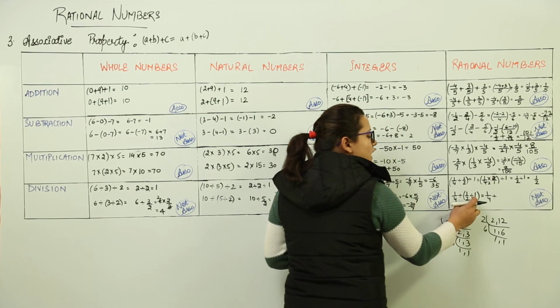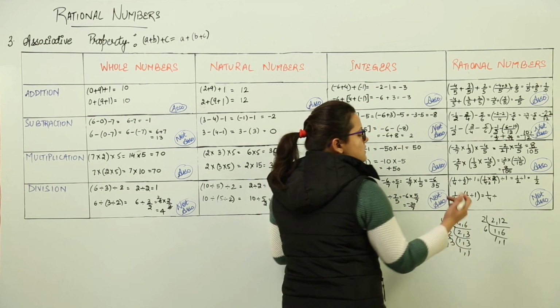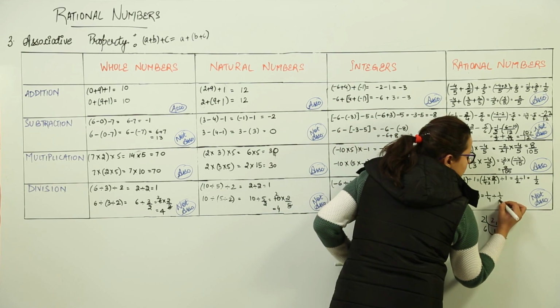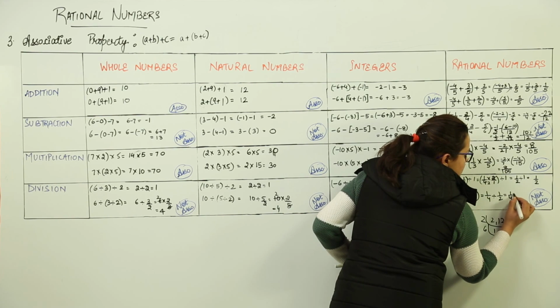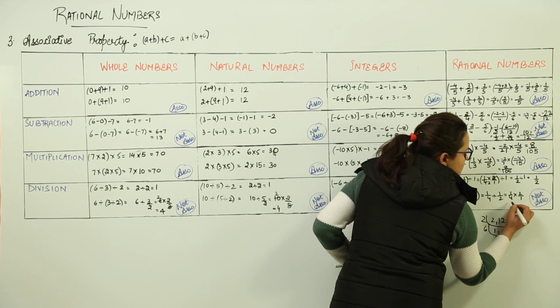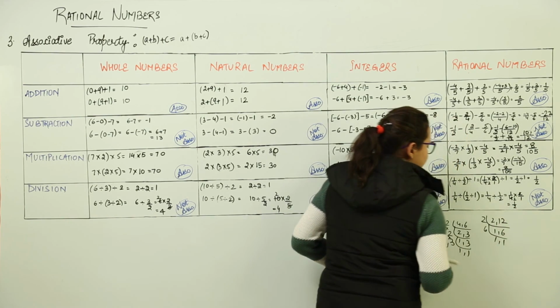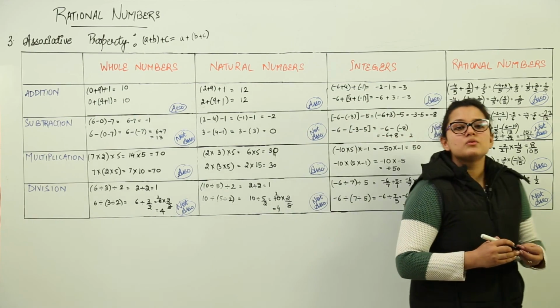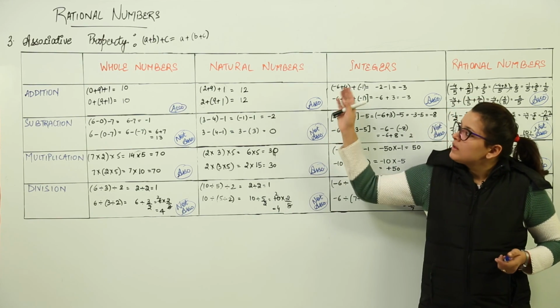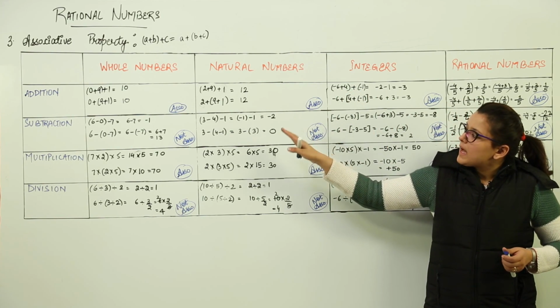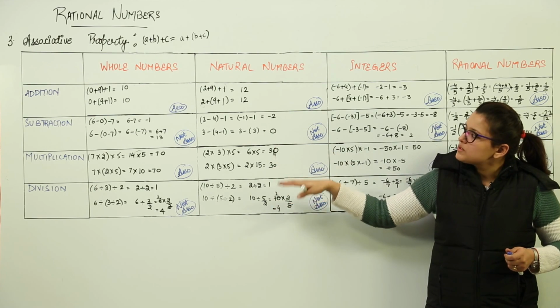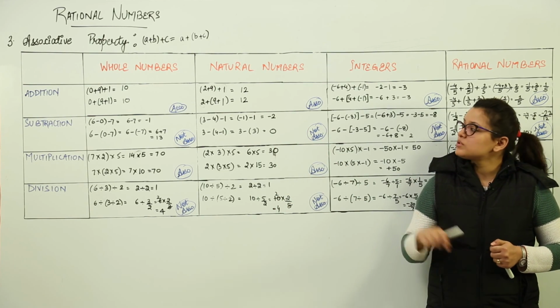I just told you anything divided by 1 gives you the same answer. So we can write it directly. Now how to solve this? Multiply this and reciprocate the next number. You get 1 by 2. Right? So that concludes that associative property has these ways to solve the questions.